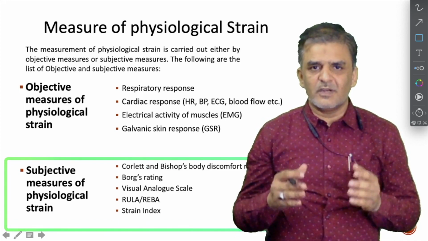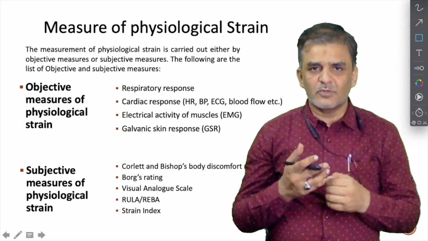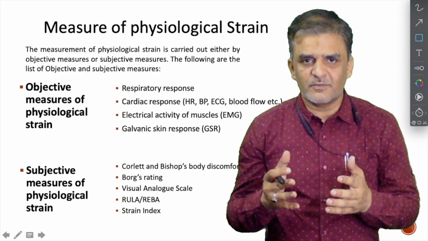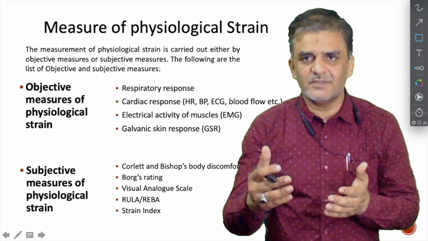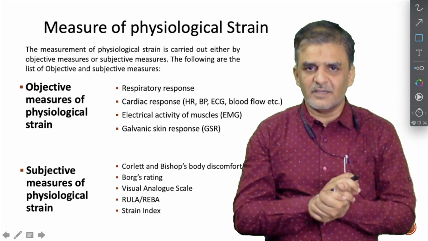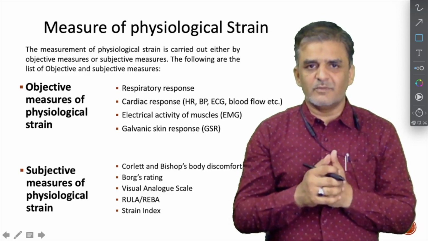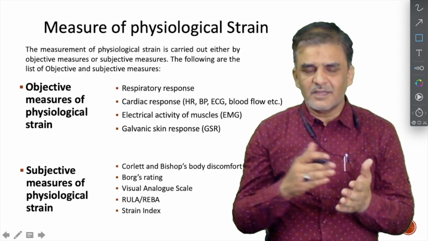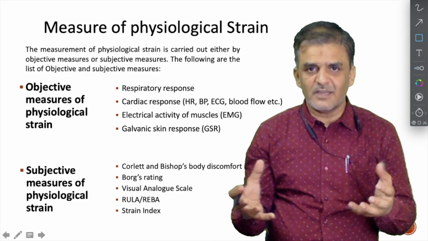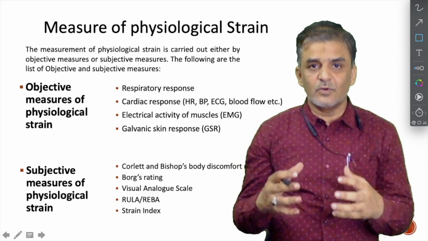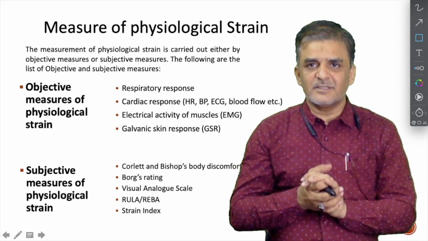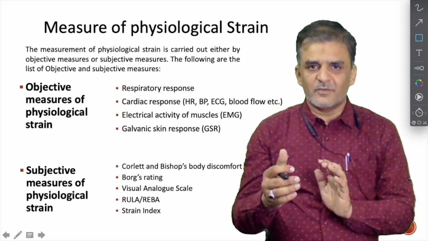For example, the Corlett-Bishop discomfort map, Borg's rating of perceived exertion, the visual discomfort scale, where perceived discomfort is recorded as given by the person involved in the task. RULA and REBA, the Rapid Upper Limb Assessment technique and Rapid Entire Body Assessment technique, where body posture and the load on the body are converted into different parameters, which give a level of risk.